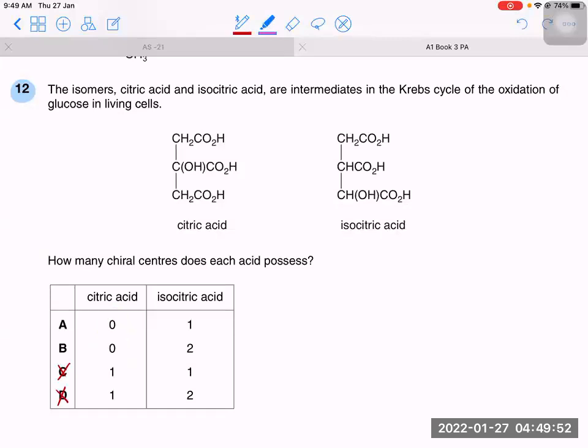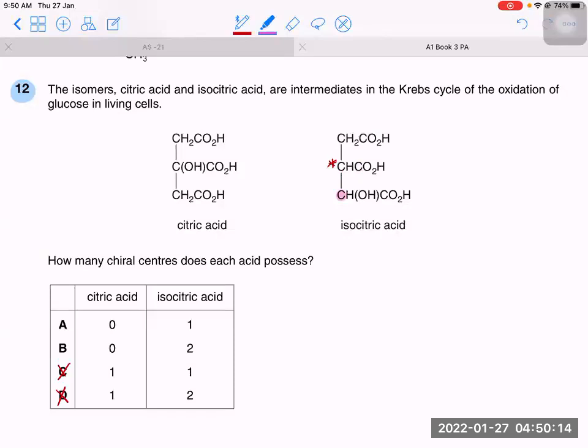Let's check for this. Can this be chiral? No. Why? 2 H's. This, double bond. This, yes. This can be chiral. It has a H, a CO2H, a this, and a this. Are they all different? This is chiral. Can this be chiral? No. Double bond.